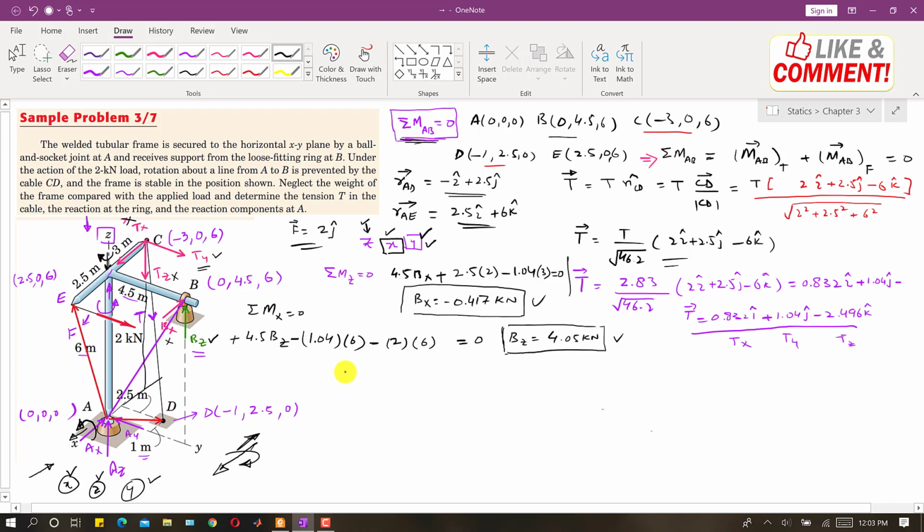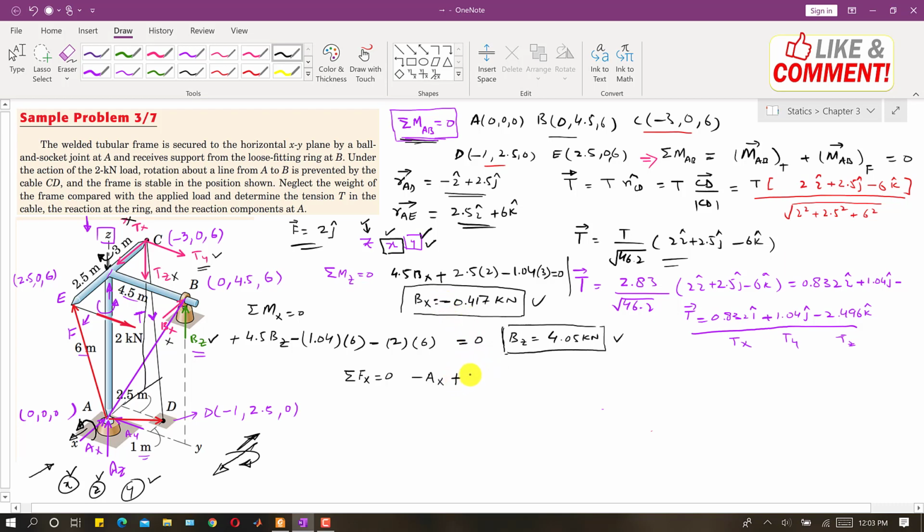Now we can apply the summation of forces along x equal to 0. We will add all those forces which are acting along x. This ax is in the negative x direction, so I will write minus ax. This bx is in the negative x, so I will write minus, and we know the magnitude of bx, which is 0.417.